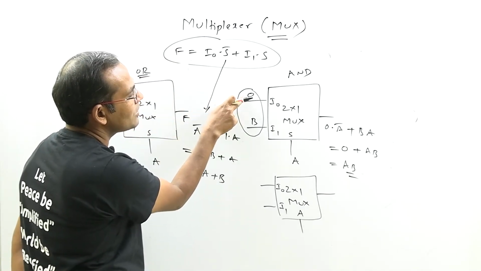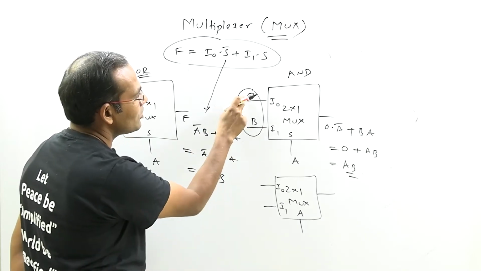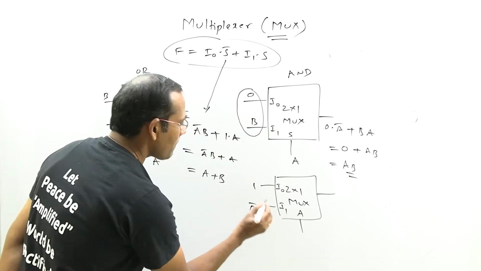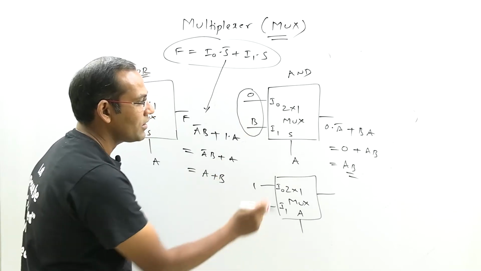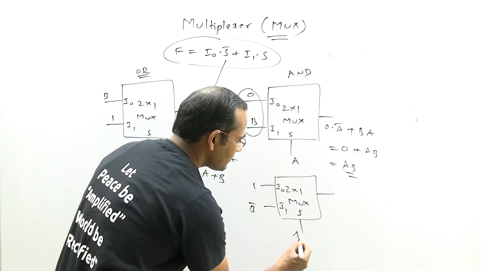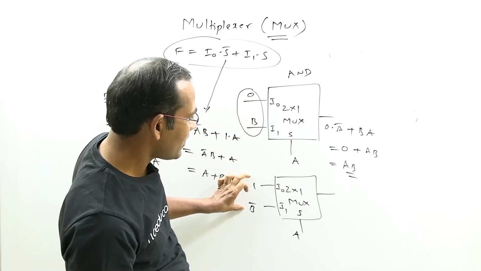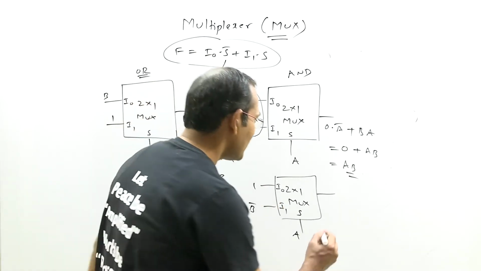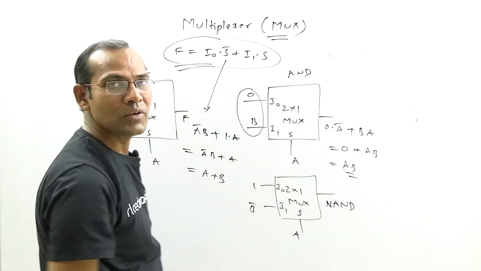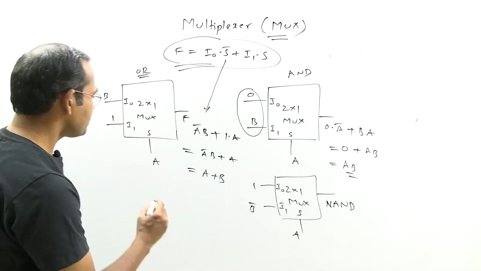That means complement this one and apply it here, complement this one and apply it here. The complement of 0 is 1, so I0 must be 1 and I1 must be B bar, the complement of B. Maintain the selection as it is. Just complement these two values and apply them here. It works as a NAND gate. You will get the NAND output. You can verify on your own. Just use this rule. That's about the NAND gate.